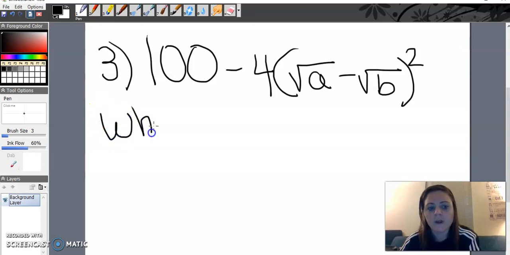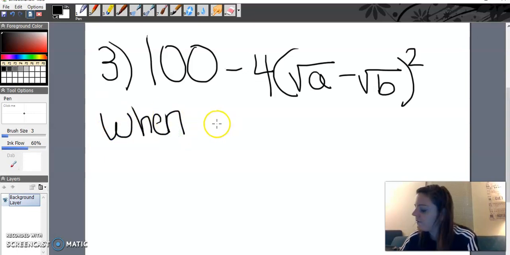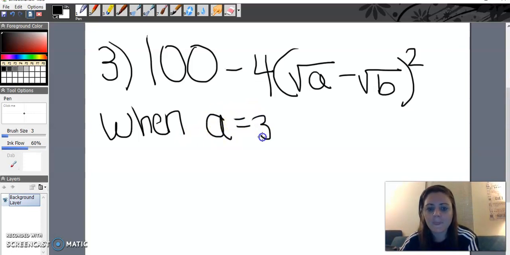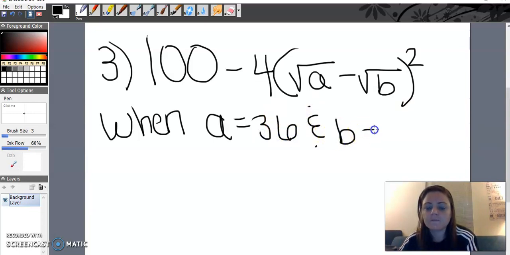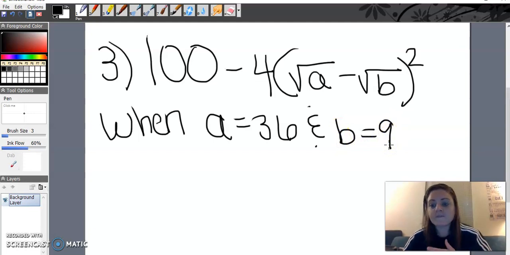So we'll write when a equals 36 and b equals 9. So all we have to do, we have to substitute our a, put it in for a.